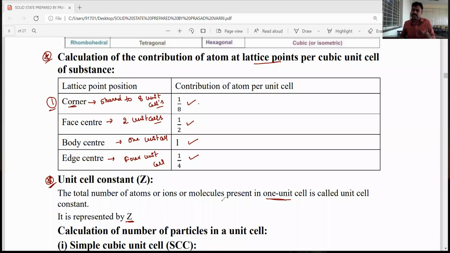You have to remember this data. The unit cell constant is the number of atoms or molecules or ions present in one unit cell, represented by Z. Now we have to calculate the unit cell constant value for the simple cubic unit cell, and after that the body centered and face centered unit cells. It is very easy, dear students, and they compulsorily ask it in board examinations also.